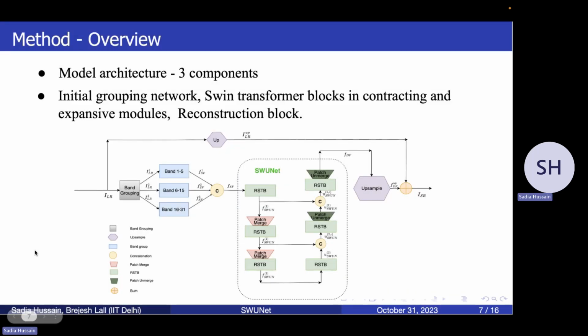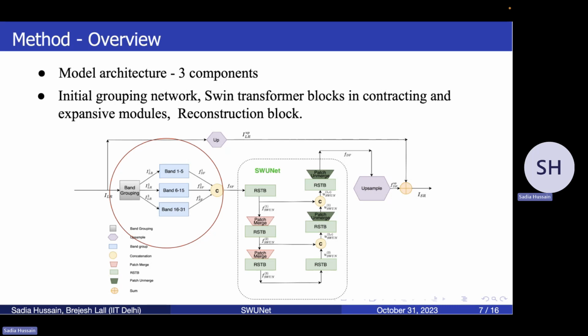So the method overview of our work is that we have three components: an initial grouping network, which causes band grouping based on the spectral response function. We divide a particular set of bands into n groups based on the number of significant wavelengths there are to exploit.